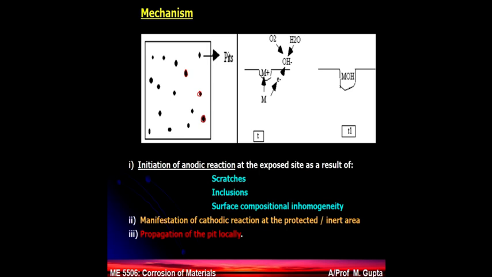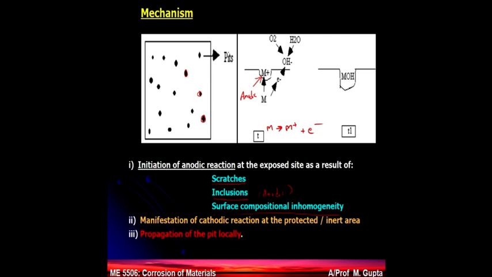How the pit starts is that maybe your surface is scratched, maybe there's an inclusion which is very active, active meaning anodic, or maybe there is a surface compositional inhomogeneity which can lead to the formation of an anodic site. Once this anodic site is formed on the surface, you know that at an anodic site metal will go into solution, releasing electrons.